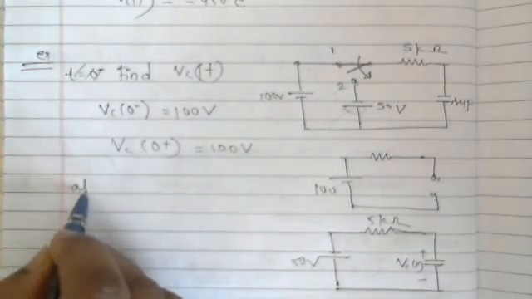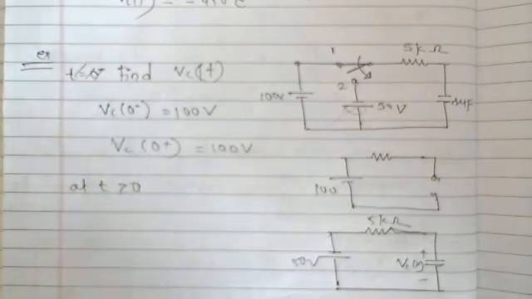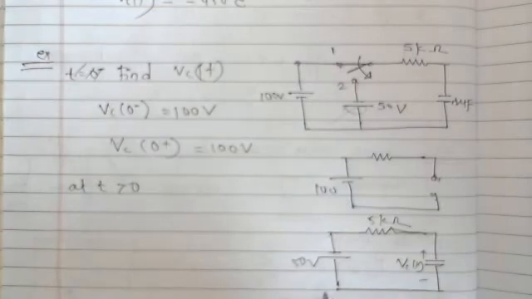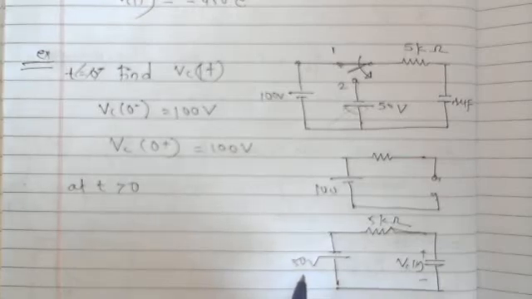For t greater than 0, instead of applying KVL, we will apply KCL over here.